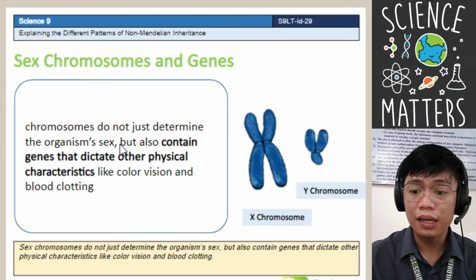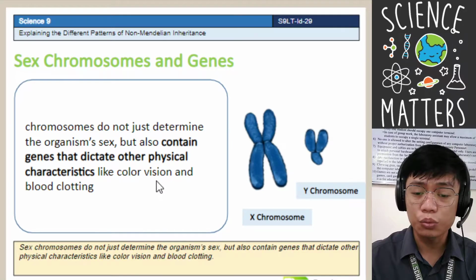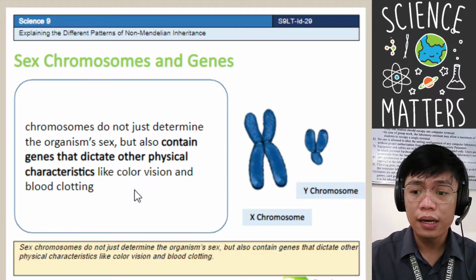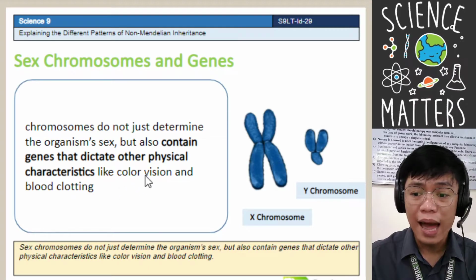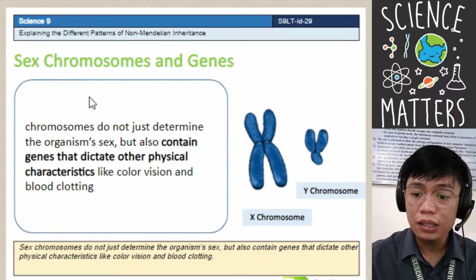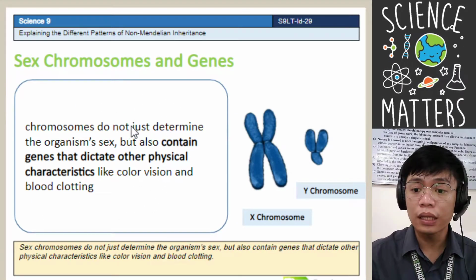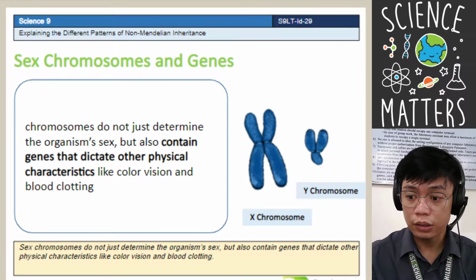For example, whether its eye color is blue, black, or brown, or its skin color is white, brown, or black. It is all determined by the chromosomes.